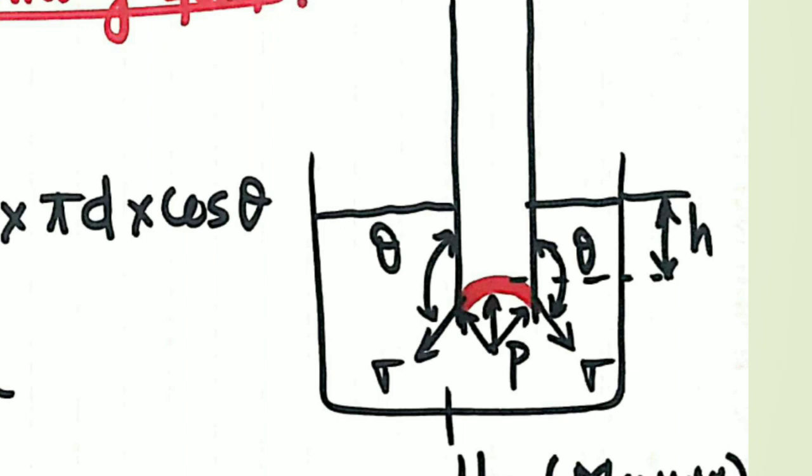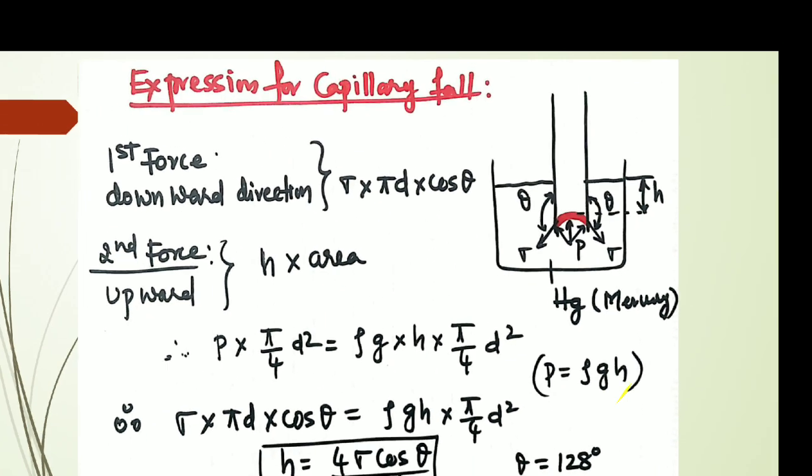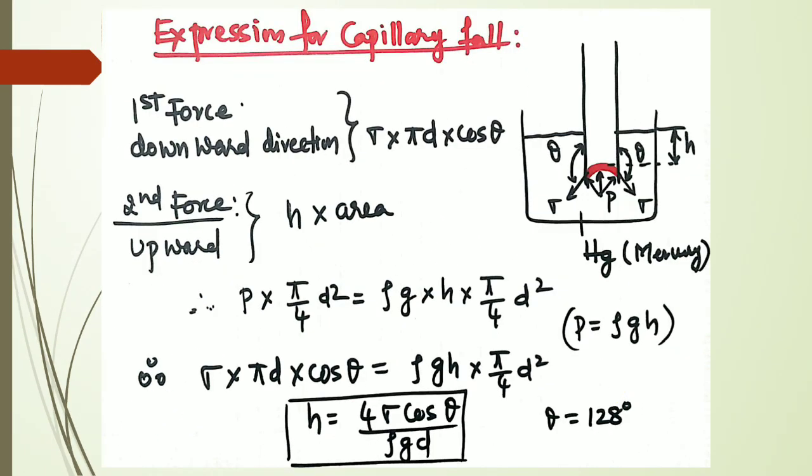In the previous slide we saw that h increased, but here h is a depression, it gets decreased. Pressure intensity acts on the fluid in the upward direction, while the air acts in the downward direction. This is the case you need to understand.